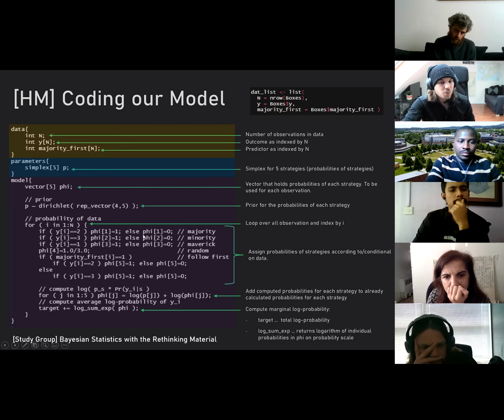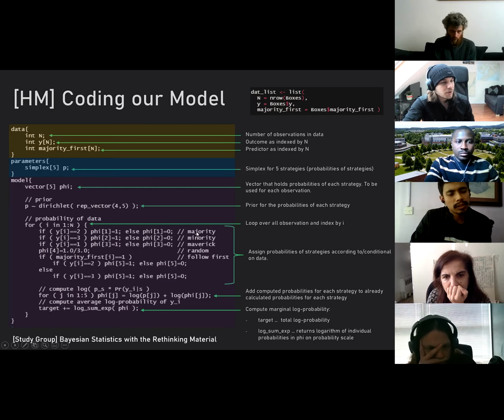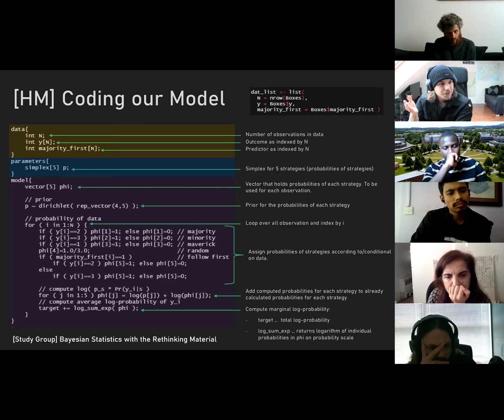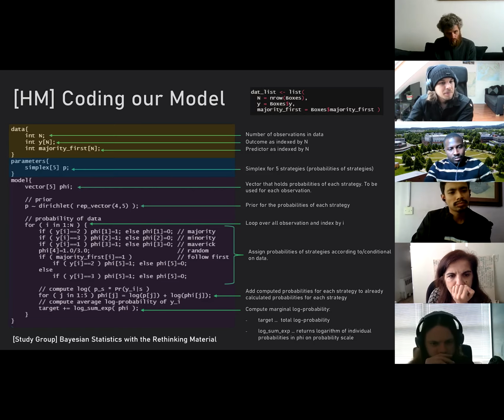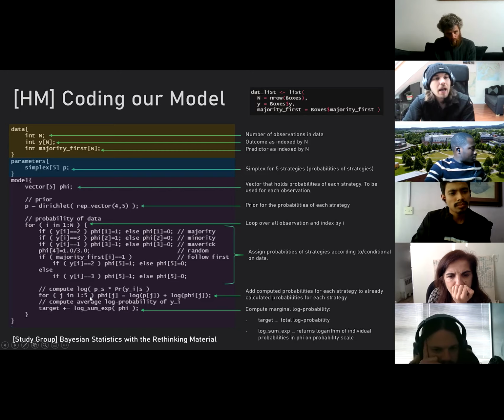This is just what this one line is doing here that ends on majority. And these 2 forward slashes are just comments in Stan code. So this is what's not executed by Stan and just used for annotation. We can walk through this and just do this for all of our different strategies.